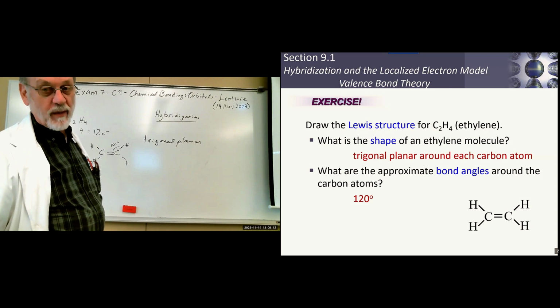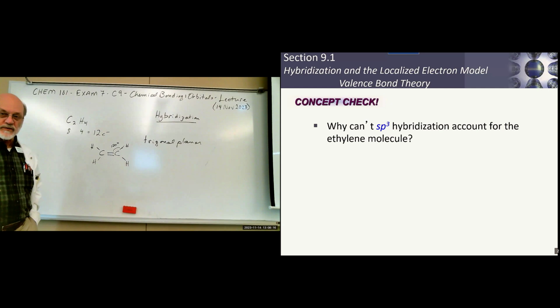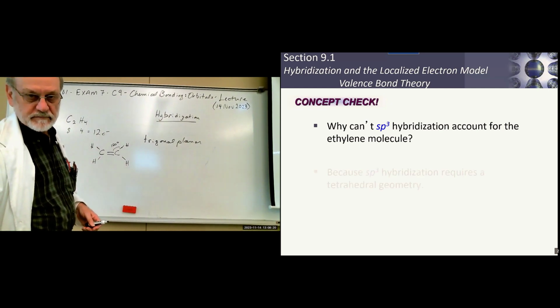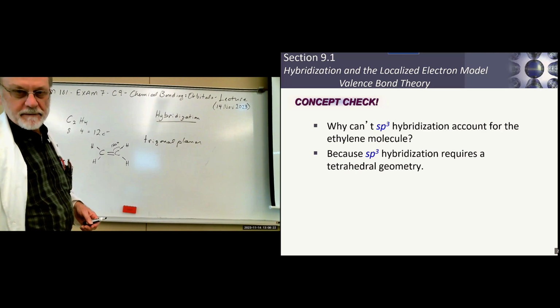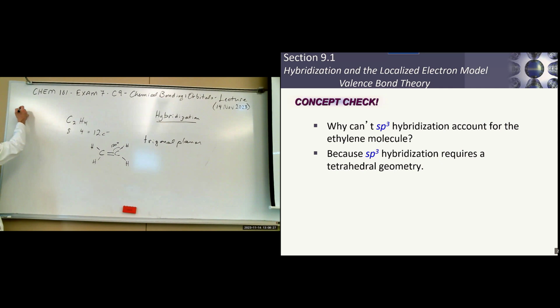Because we've still got that problem. We can't use sp3 hybridization to account for this one, because sp3 requires a tetrahedron. So let's put that up here. We've done sp3, and that requires a tetrahedron.